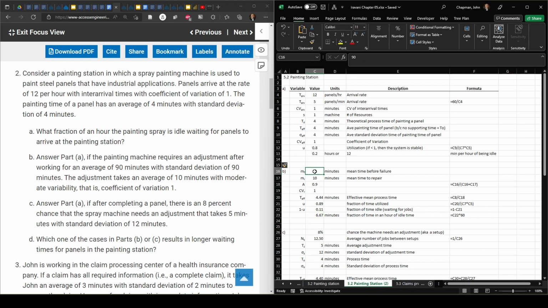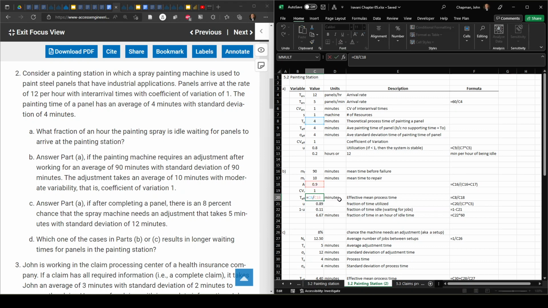So we'll take our 90 minutes mean time before failure as MTBF. We'll take a 10-minute average time to repair. That gives us an availability of 0.9. The coefficient of variation for that repair is 1.